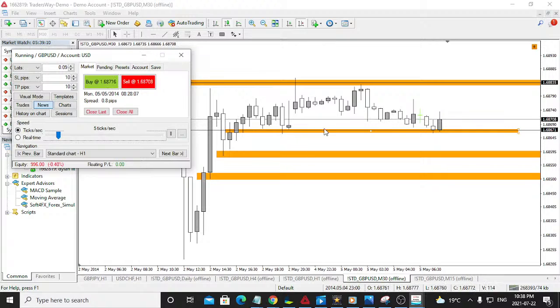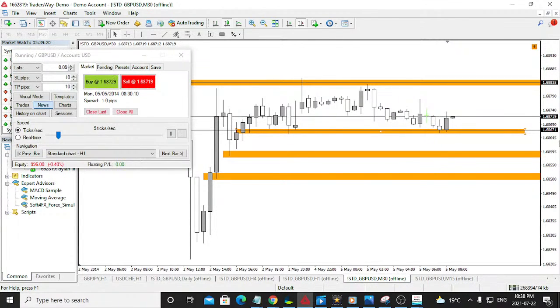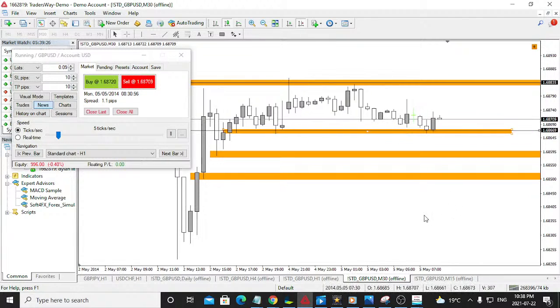But there also is this wick right here, so maybe I'm gonna want to have price be here. So right here is the 8:30 a.m. candle. We are just sitting on our hands. No trades will be opened.